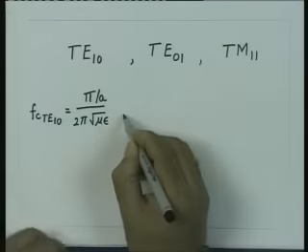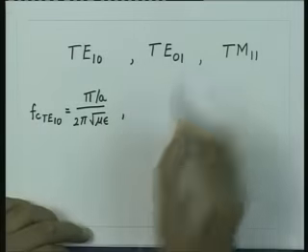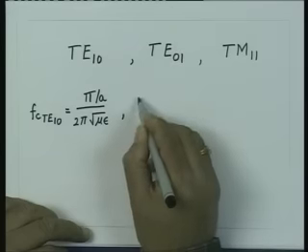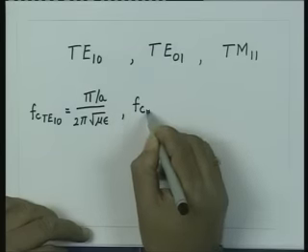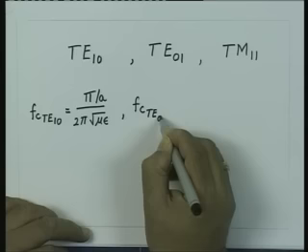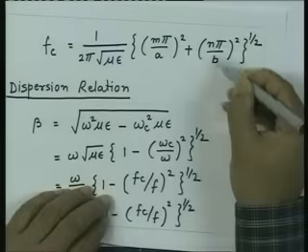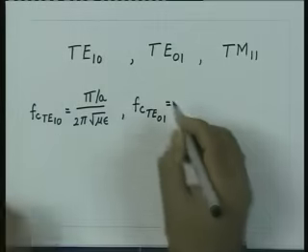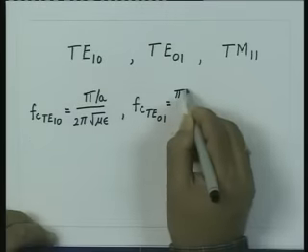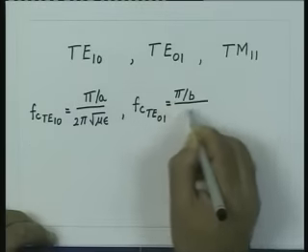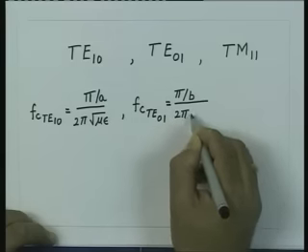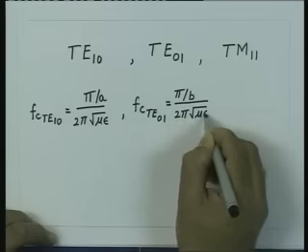The cutoff frequency for TE01 mode will be Fc TE01, that will be pi upon b divided by 2 pi square root mu epsilon.